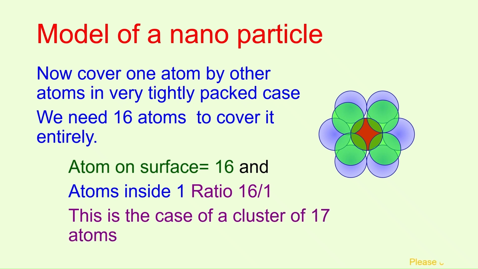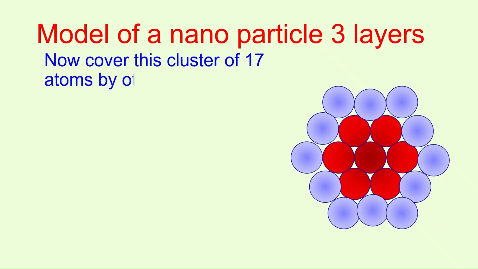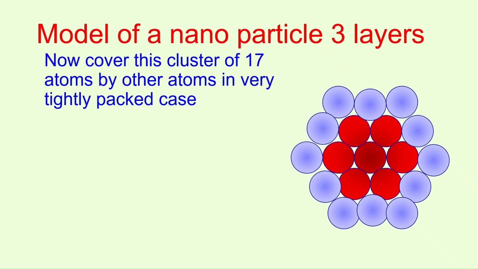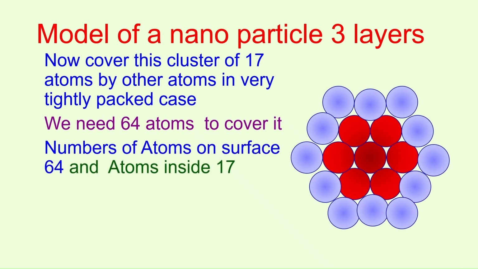This is the case of a cluster of 17 atoms. Now to cover this cluster of 17 atoms by other atoms, in very tightly packed case, we need 64 atoms to cover it. Number of atoms on surface 64 and atoms inside 17. Ratio 64 is to 17 or 3.76.